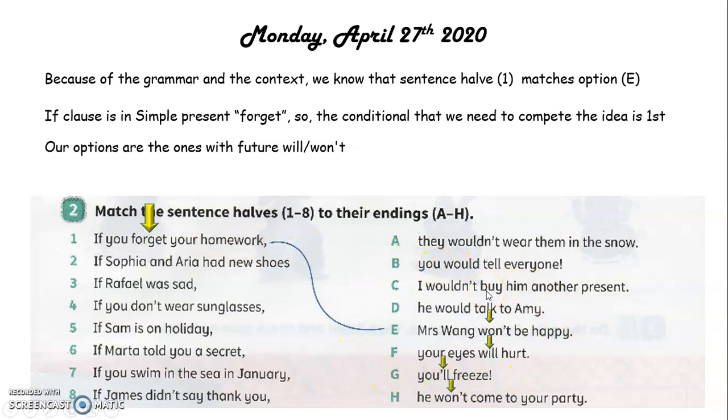I need will or won't. So I have 4 options with will or won't. Which one is correct? Here is when I have to check the context. What am I talking about? I'm talking about forgetting the homework. So the only half that makes sense with that is that Mrs. Wang won't be happy with that. So just one is correct.